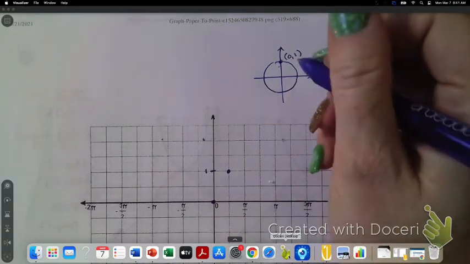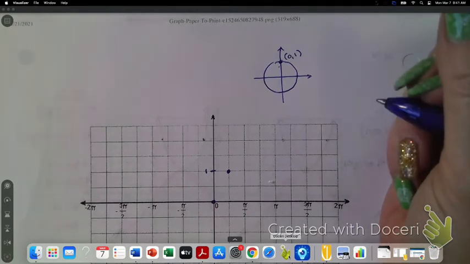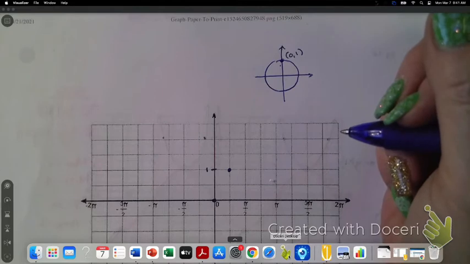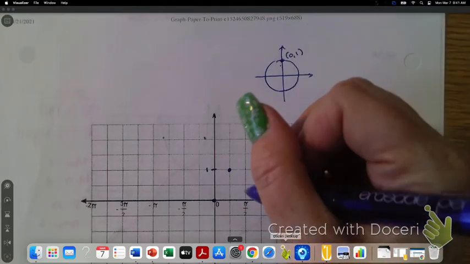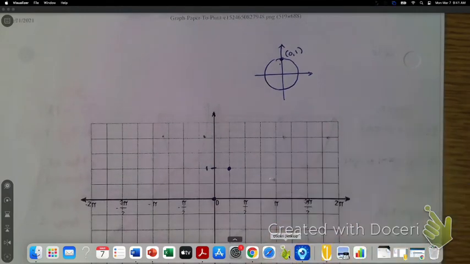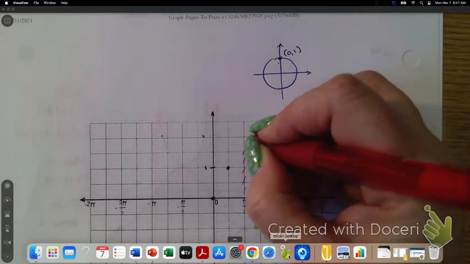So what is the tangent up there? Undefined. So that is a what? An asymptote. So we go on cross these lines.